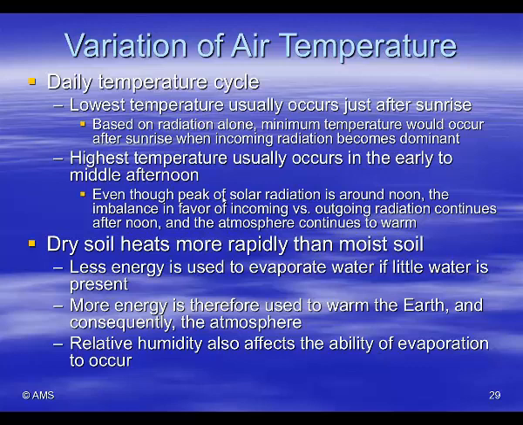More energy is therefore used to warm the earth and consequently the atmosphere. Relative humidity, which is the amount of moisture in the air divided by the amount of moisture that the air can hold, is also going to affect the ability for evaporation to occur.